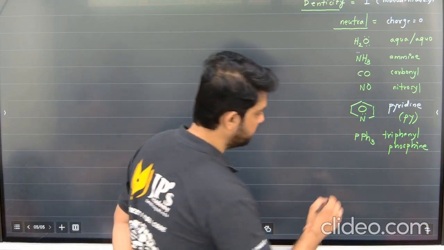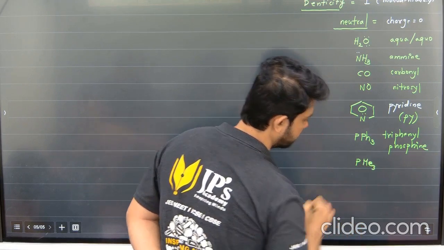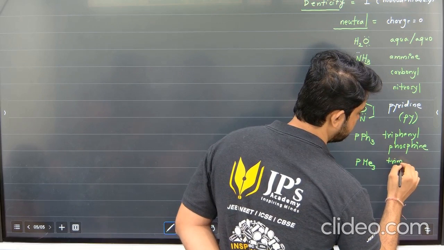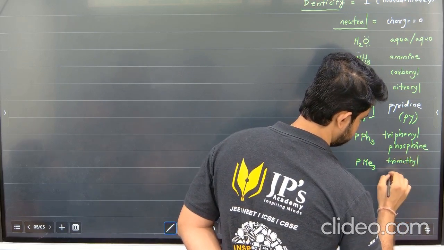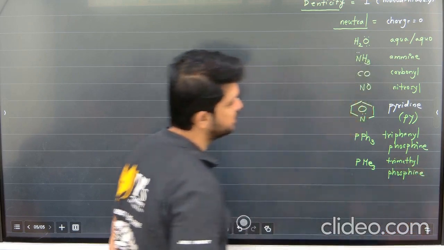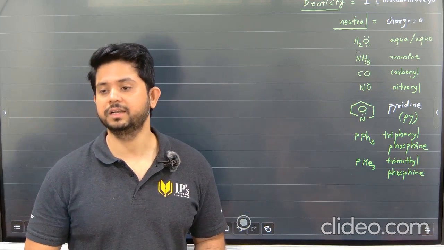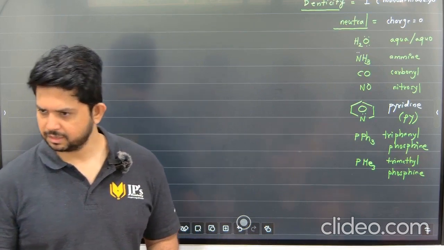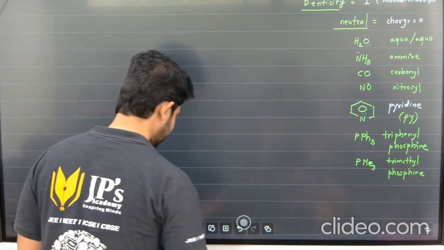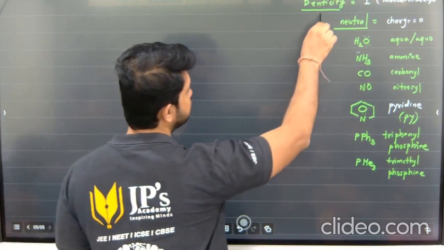Then you can give the name of this one yourselves. We'll call this trimethylphosphine. Now all these are neutral monodentates, okay?